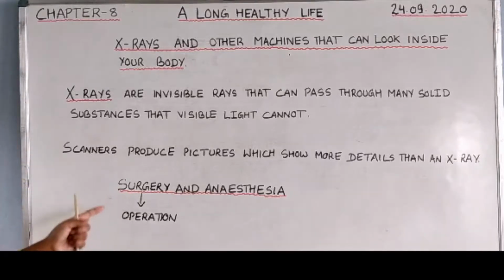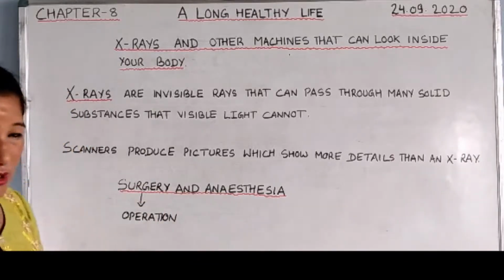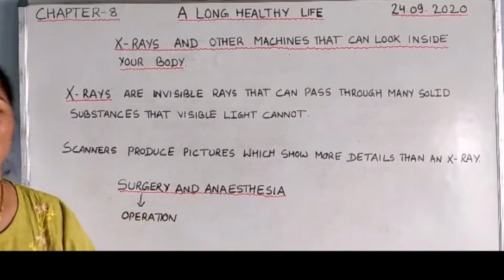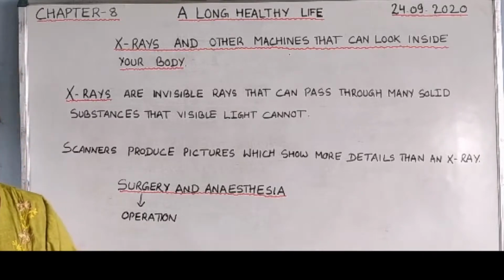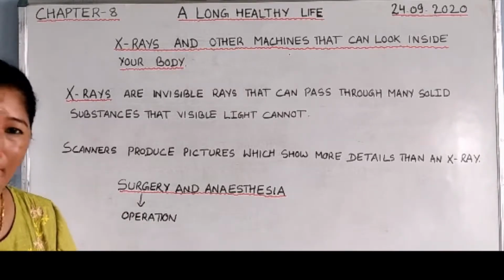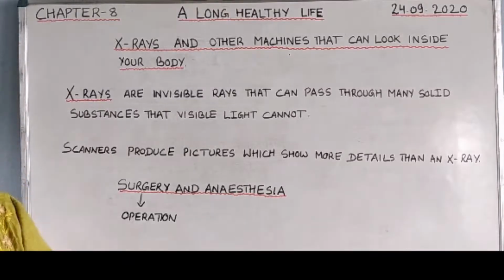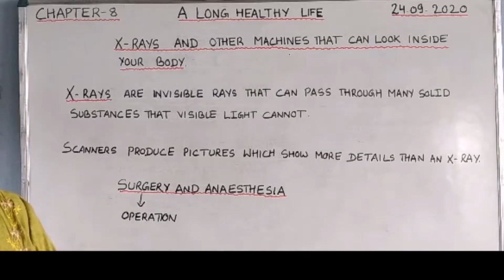Before the surgery or operation is done, what is done to the patient? The doctor will put the patient to sleep, or the portion which has to be operated on will be made numb so that he or she doesn't feel the pain, by giving some pharmaceutical drugs. The doctor will make the patient sleep by giving a drug known as anesthesia.